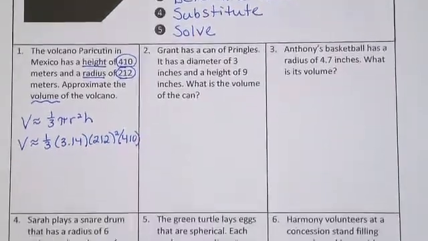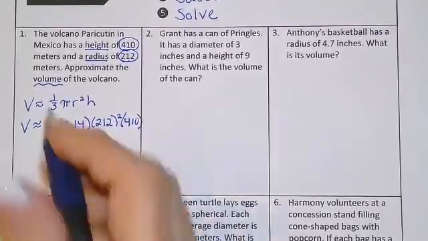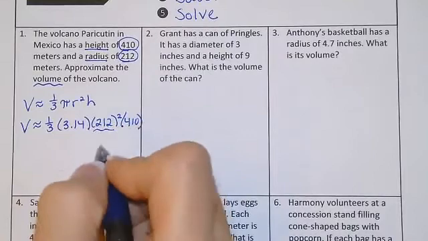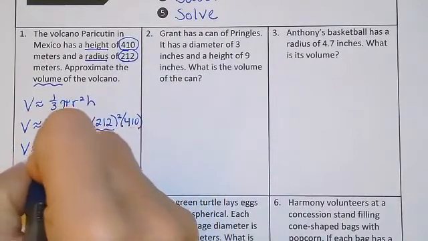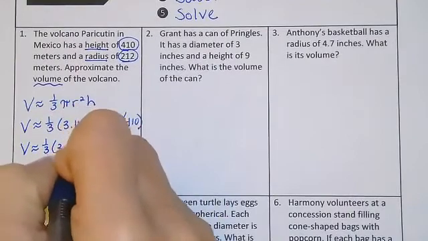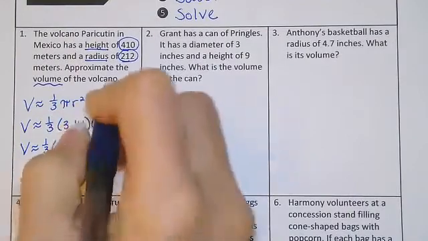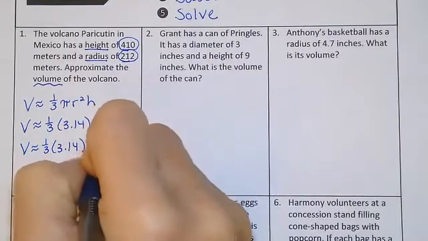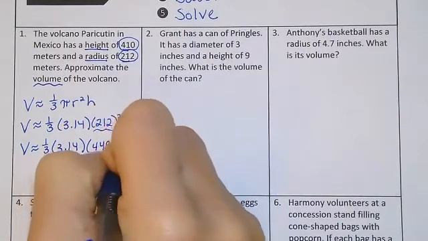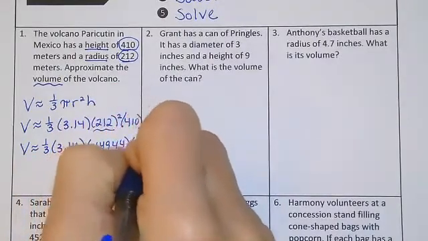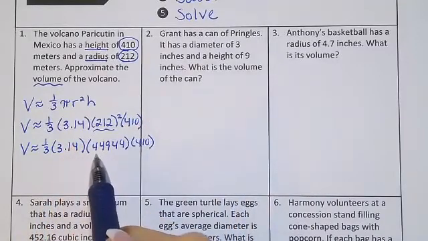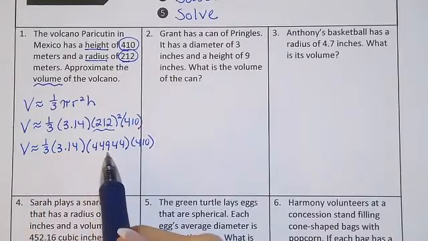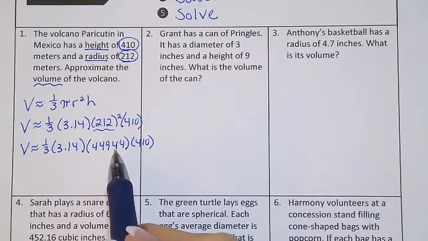Have some big numbers here. Okay, so we're going to take care of 212 squared first. Okay, 212 squared is 44,944.